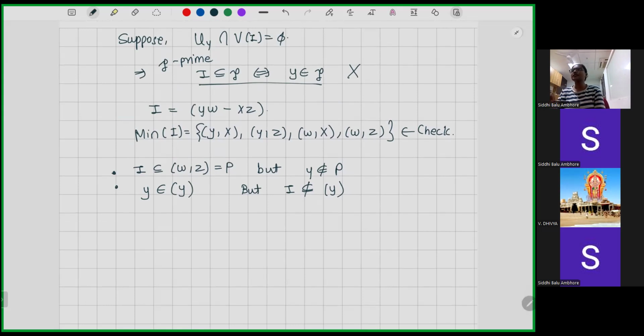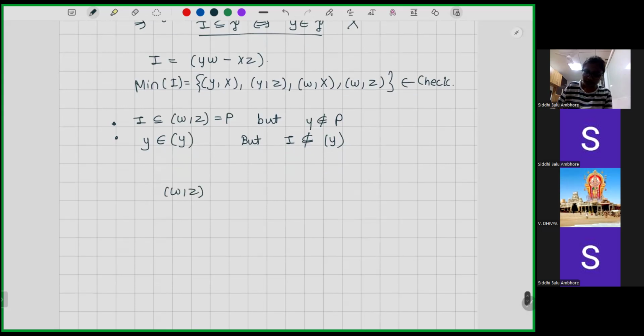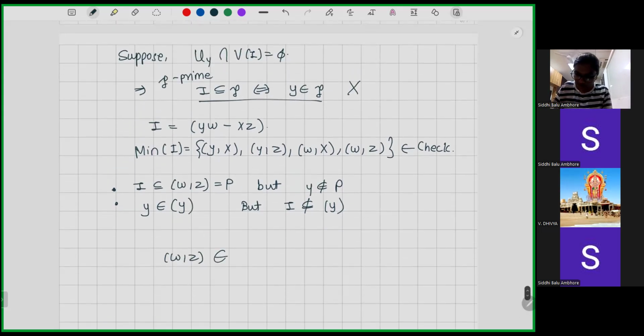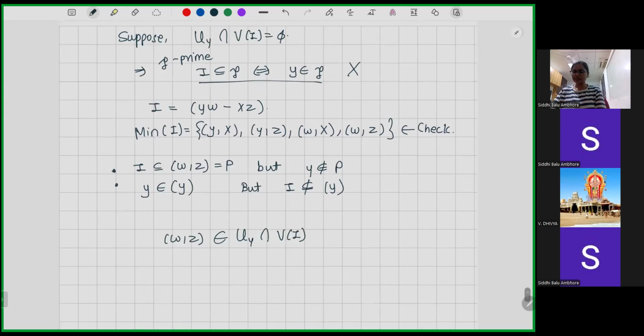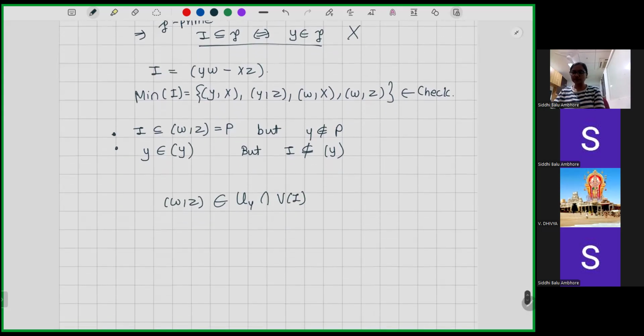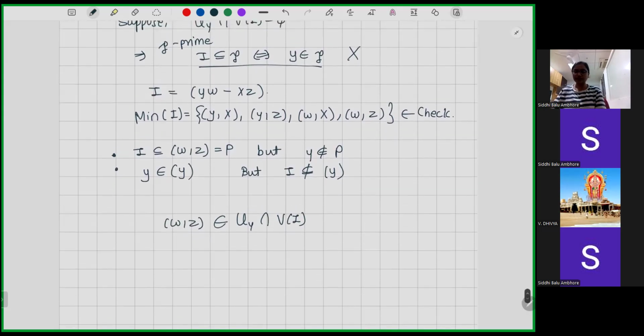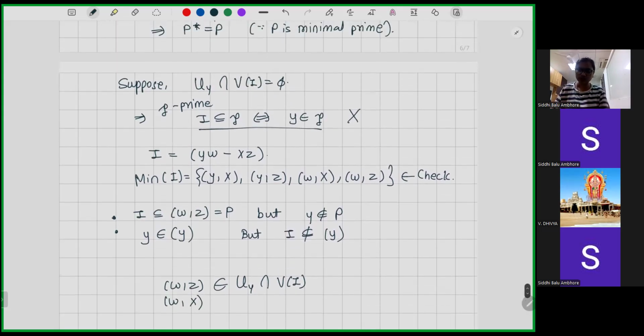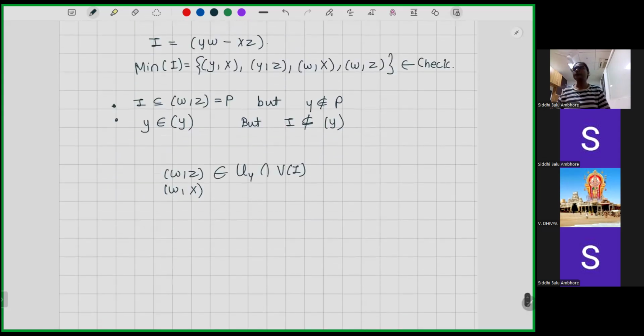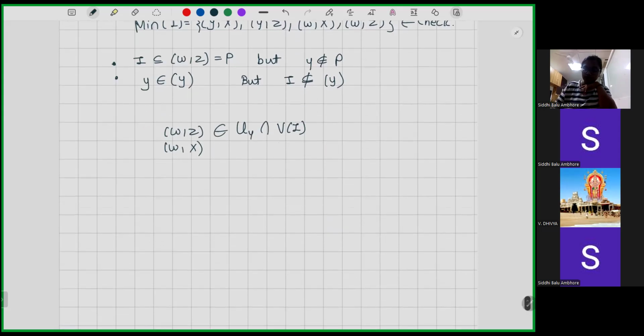Okay, so this intersection is not empty. In fact, this ideal (w, z) belongs to UY intersection VI. Is this okay? In fact, (w, x) also belongs. So therefore, this is false.